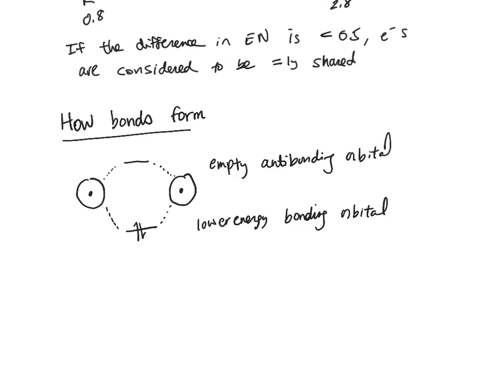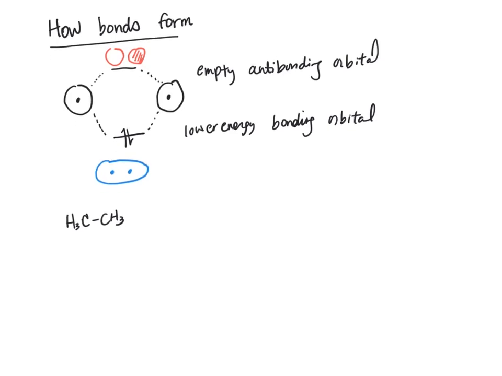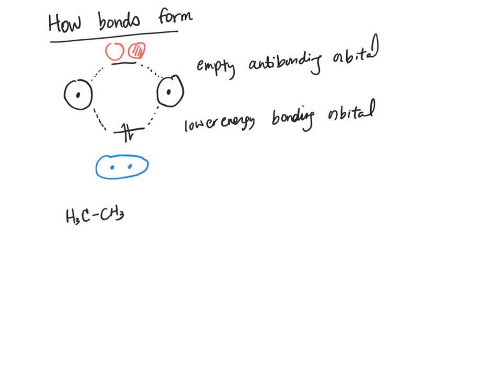Let's represent that bonding orbital in blue and draw what it looks like. Here we have constructive overlap of both of the orbitals. And in the antibonding orbital, we write this as a destructive overlap, so the orbitals are of different signs. Let's take a look at the molecule ethane and consider the bonds that are in it.